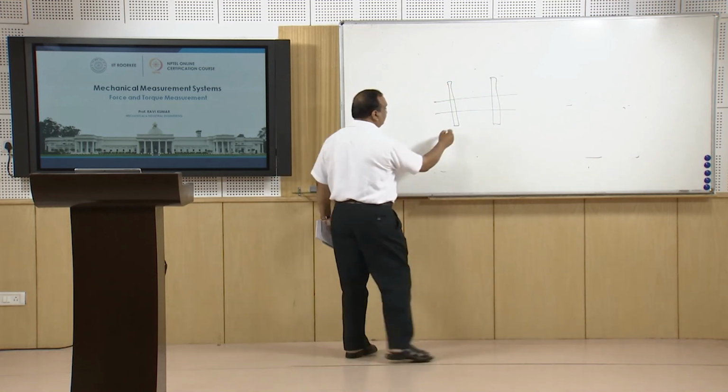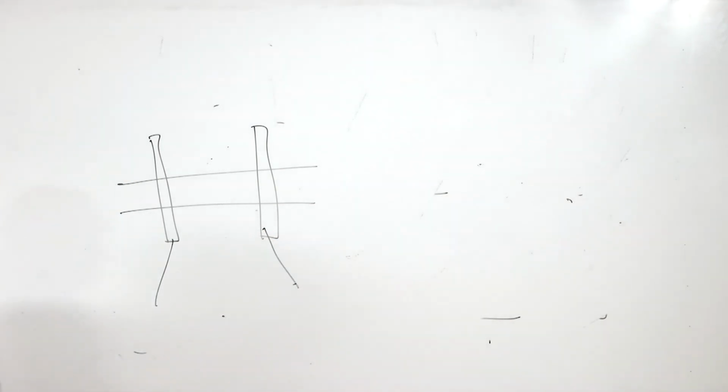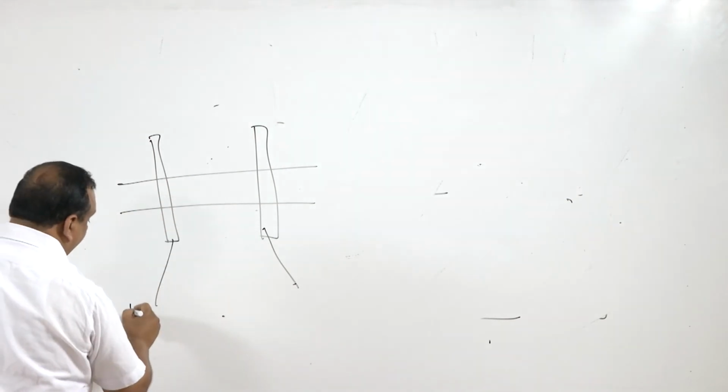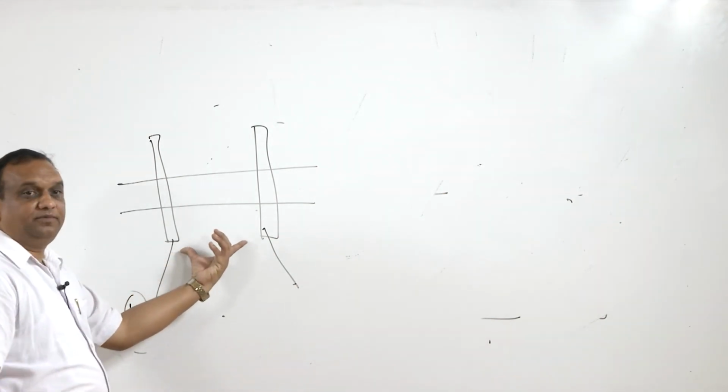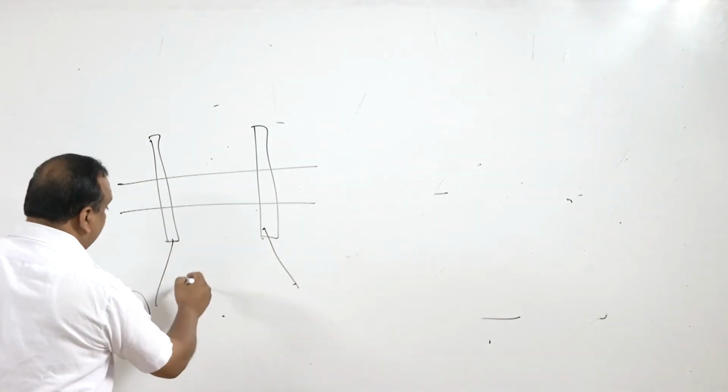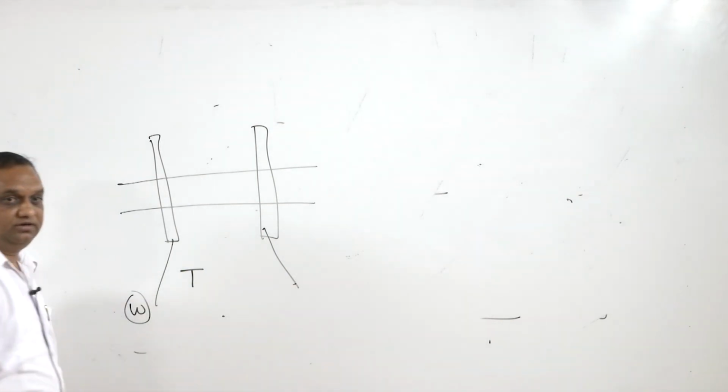And we get signals from both the discs. When the shaft rotates, we get pulses from this disc. So from a single disc, the pulse will give the omega. And the time difference between the pulses from the two discs can always be related with torque.